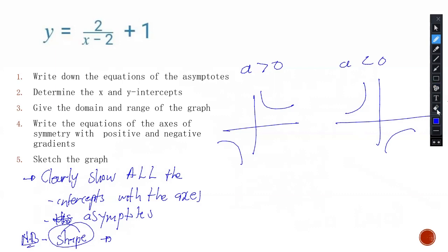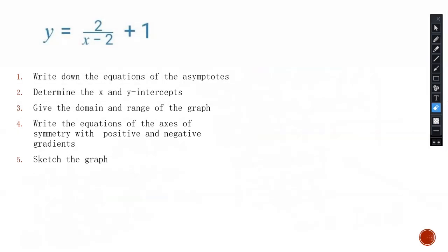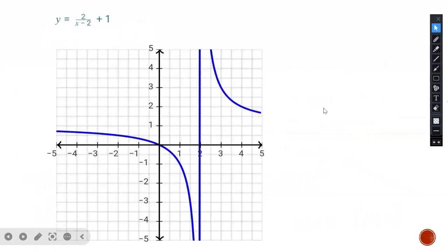So, okay. Now, when you want to sketch, it is advisable that you start with the asymptotes, right? So you start with your vertical asymptote and your horizontal asymptote. Let me just show you the graph that I've already drawn. So there we go.